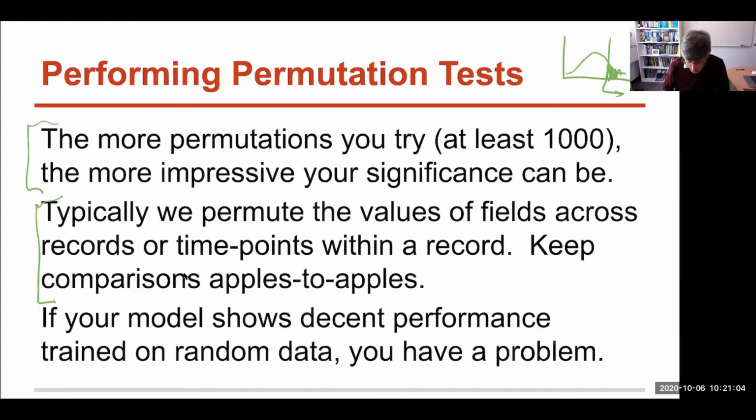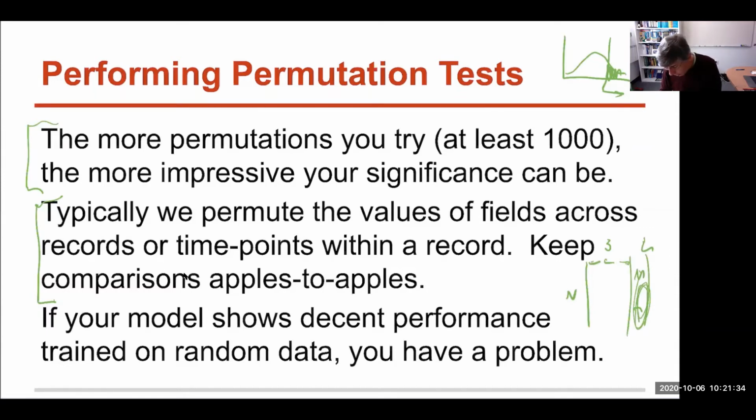Let's say I have a world where I've got n people, I've got 3 features, and I've got a label, maybe being men or women. Permuting the label and keeping the records consistent makes sense to me.